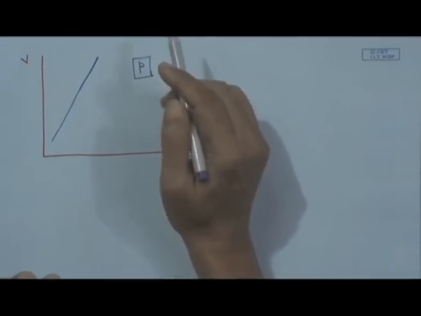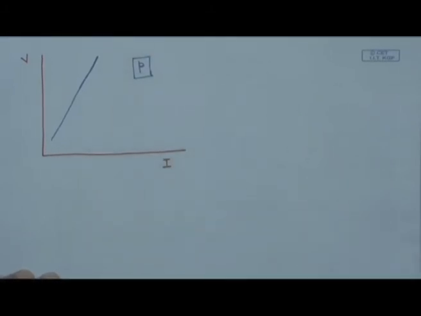Now, for all practical purposes, from the design and operation point of view, from the engineering point of view, one should look at the current and the voltage. That means, with what voltage we can achieve that cathode current.